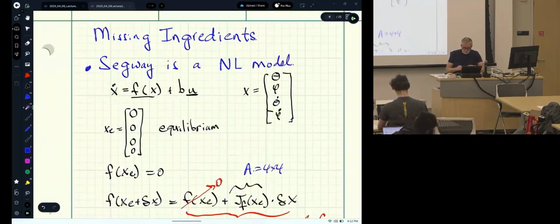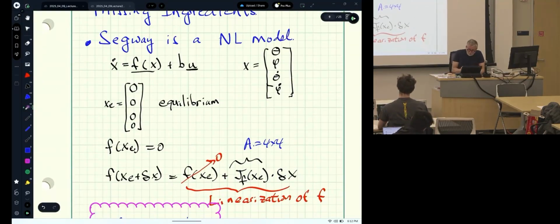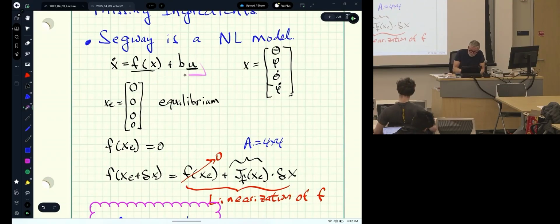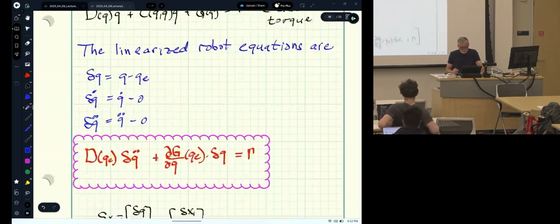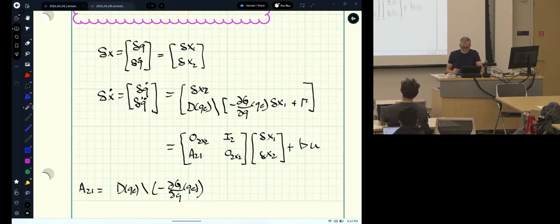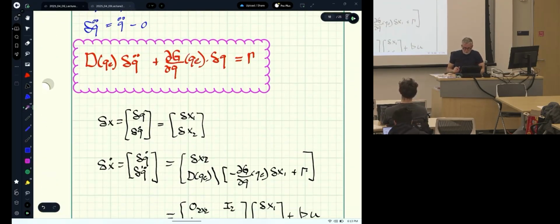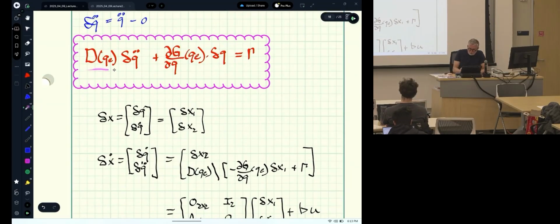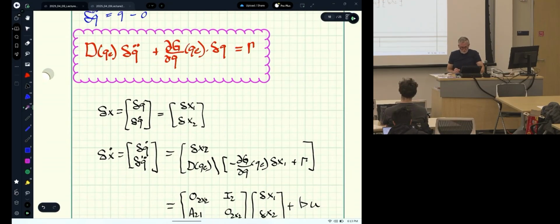You can rewrite the robot equations as a first order model in the same states. But what we'll recommend you do in the project, and it's laid out that way, is that we linearize the robot equations.